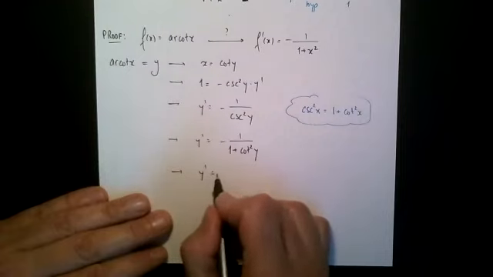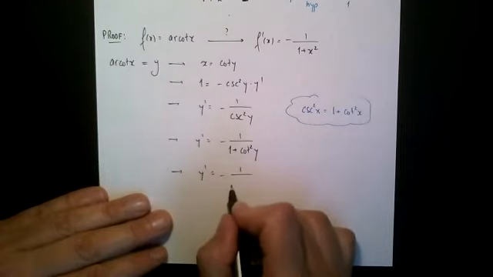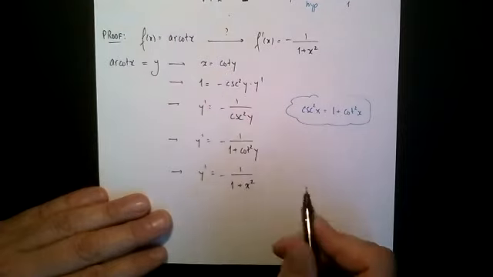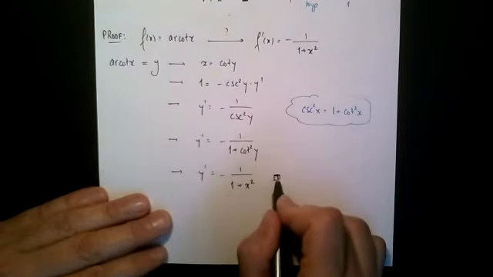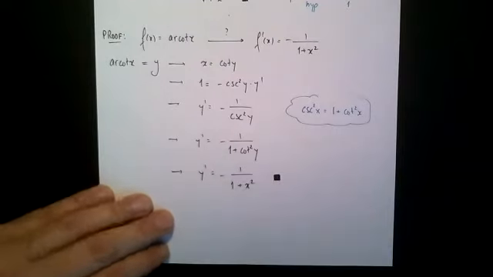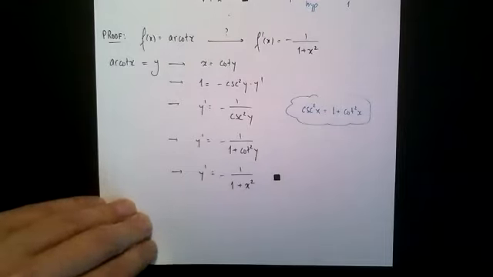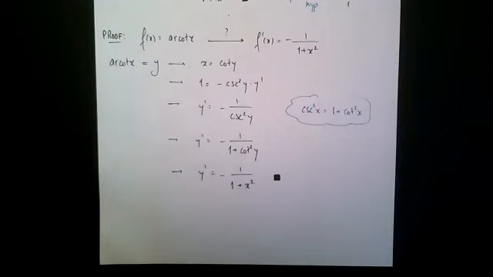And so y prime is negative 1 over 1 plus cotangent squared, which is x squared, and I'm done. Okay, this is okay? Yeah, you getting the hang of this? Okay, good. Let's do another one.